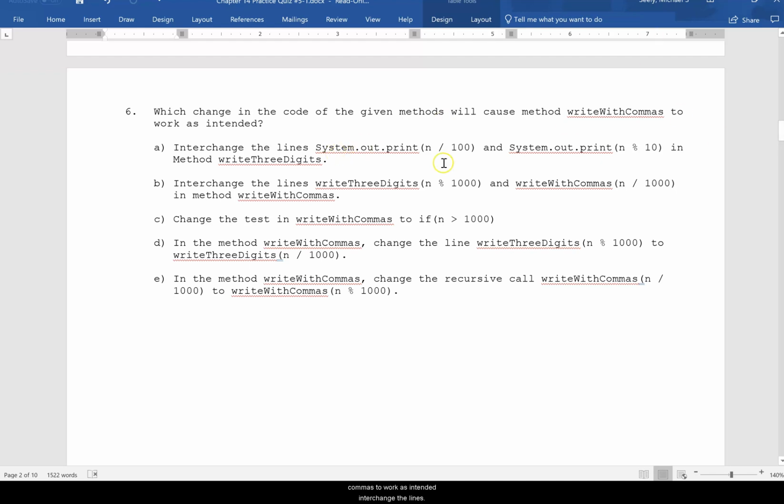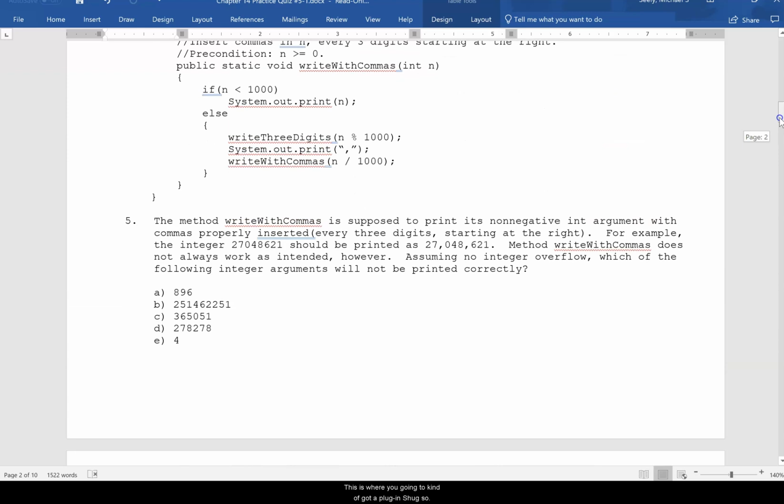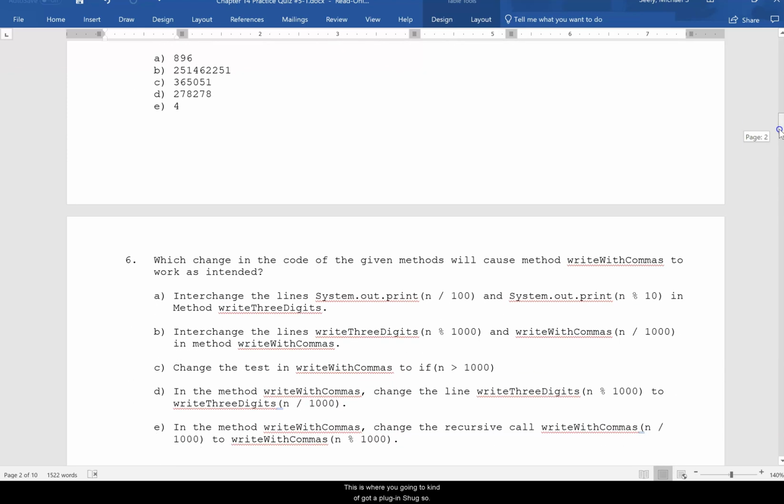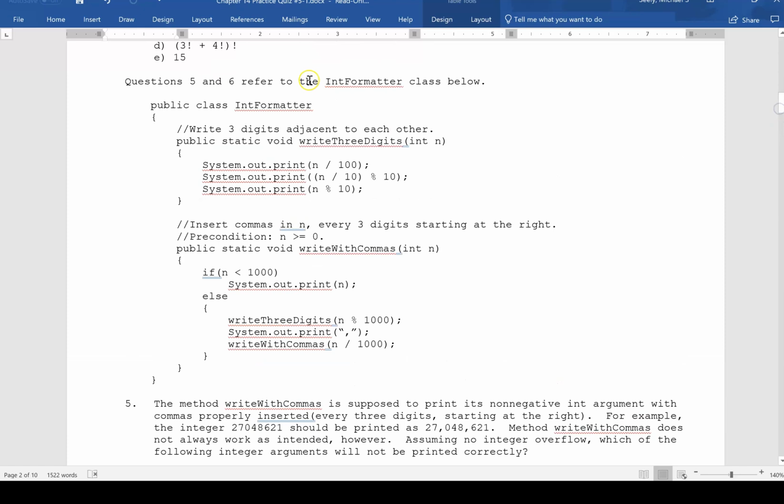Interchange the lines, that and that. So this is where you kind of gotta plug and chug. So n divided by 100 and n modulus 10.